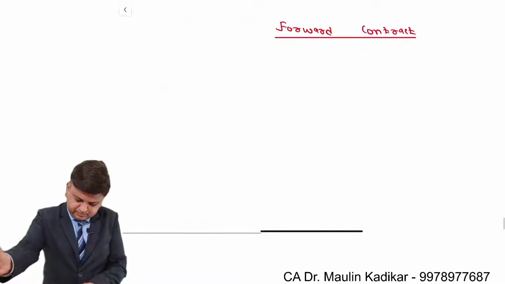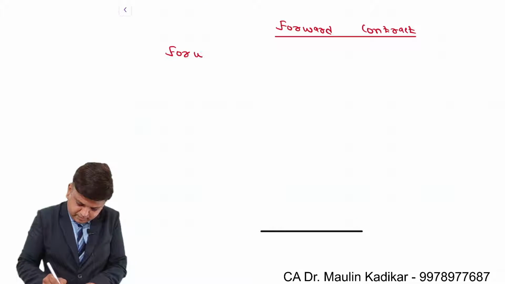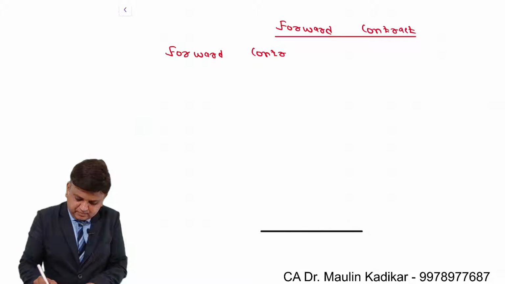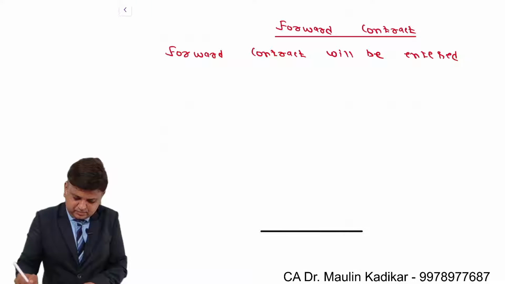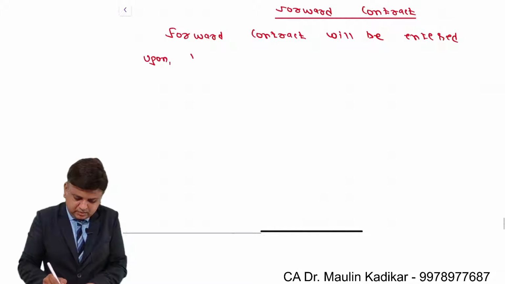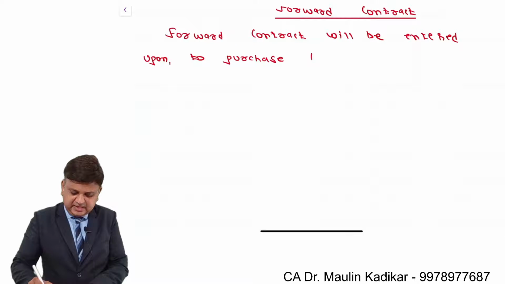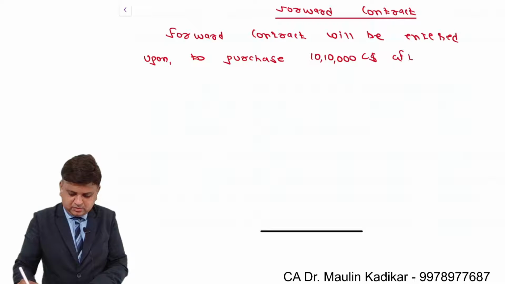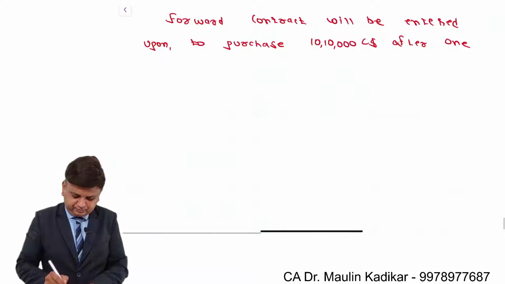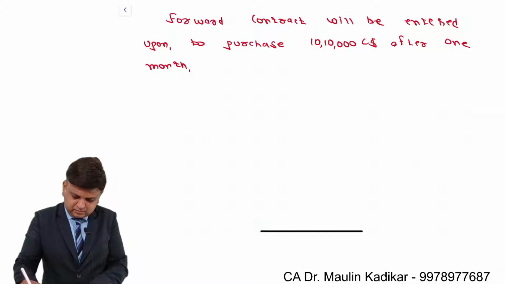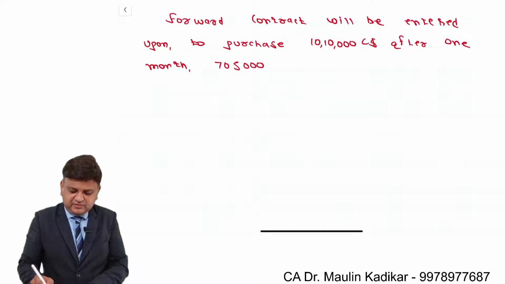In that write down: forward contract will be entered upon, comma, to purchase 10,10,000 Canadian dollar after 1 month, comma, 7,05,000 Canadian dollar after 3 months.